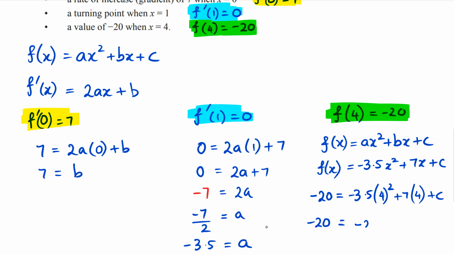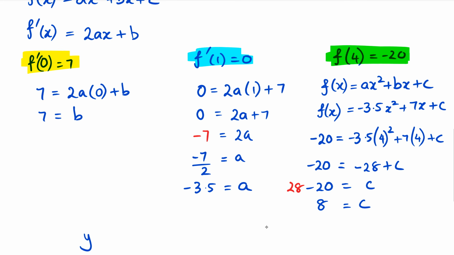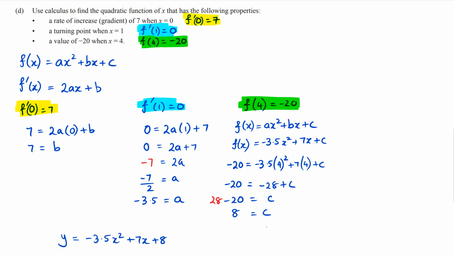So then I've got negative 28 plus c equals negative 20, and of course 28, when it comes to this side, becomes plus 28, which leaves me with 8 as my c value. So I've worked out what my quadratic equation is: negative 3.5x squared plus 7x plus 8. And I think that's what the question asked us to do, which is to figure out the quadratic function that has all of these three properties.